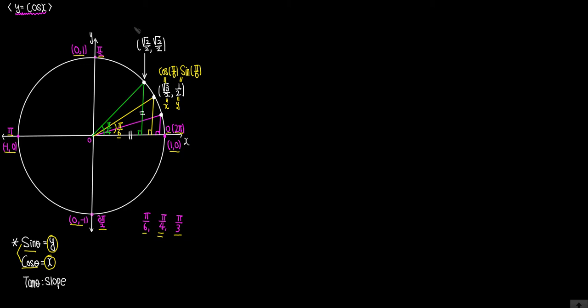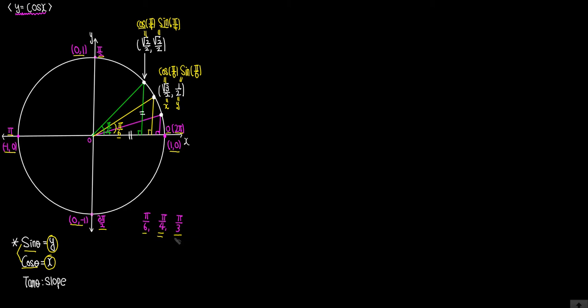The square root of 2 over 2 in the x position is the cosine of the main angle pi over 4 radians, which is 45 degrees. And square root of 2 over 2 in the y position is the sine of the main angle pi over 4 radians. And this is how we describe the cosine and the sine value, another way to say coordinate, when the angle rotated pi over 4 radians.